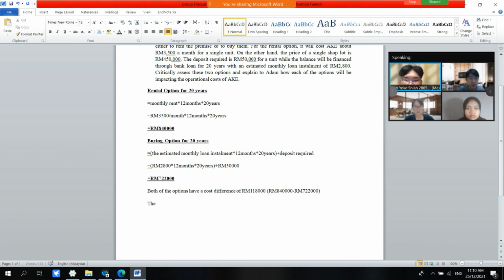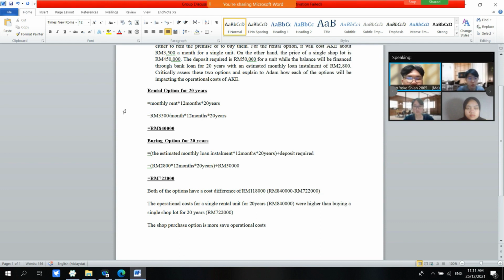So the operational cost for a single rental unit is higher than buying a single shop lot for 20 years. So we can conclude that the purchase option is the safer operational cost.